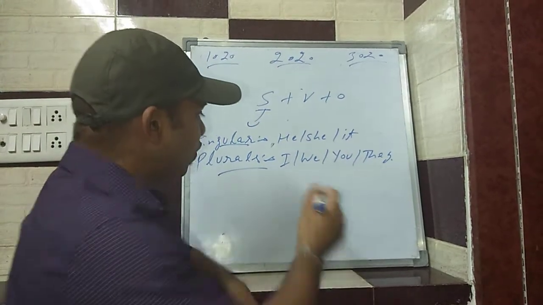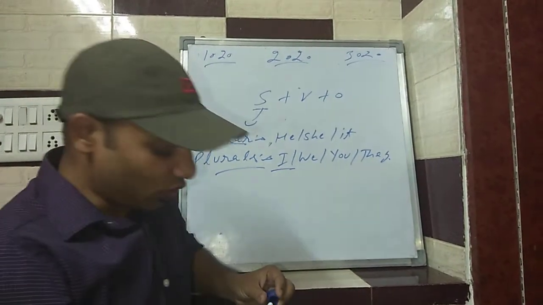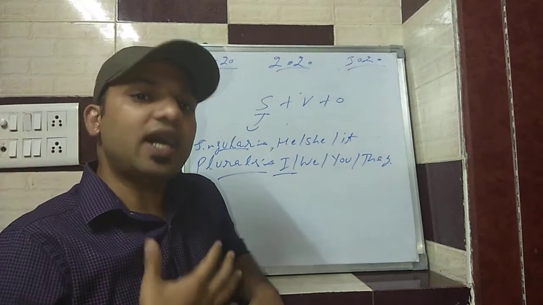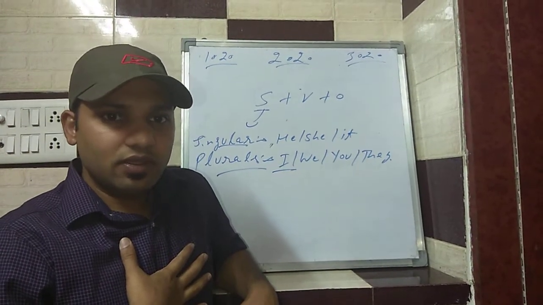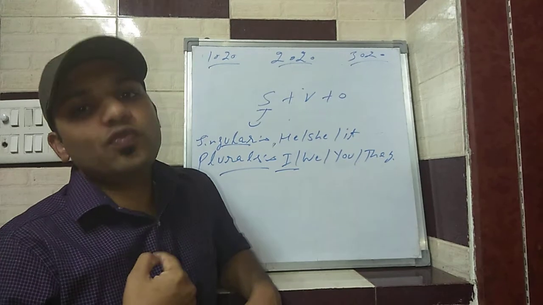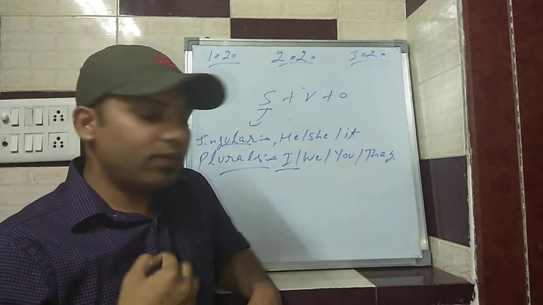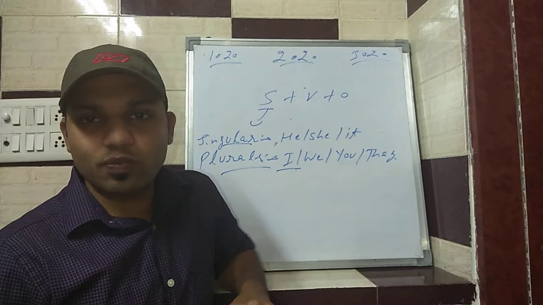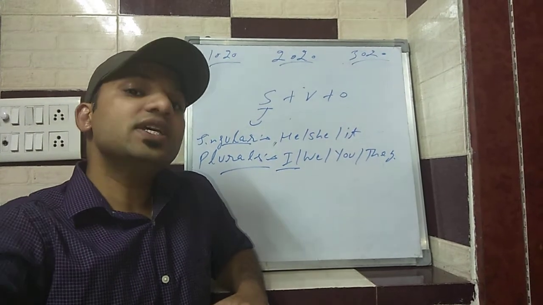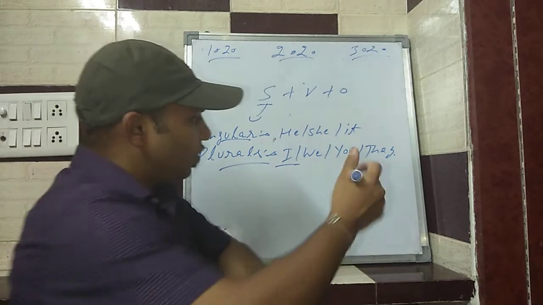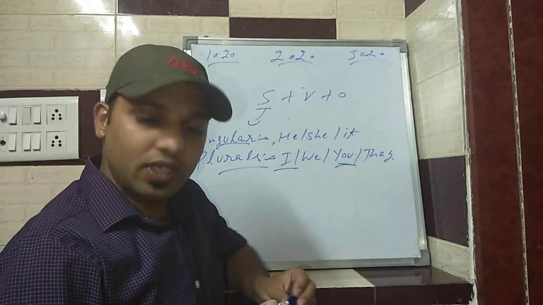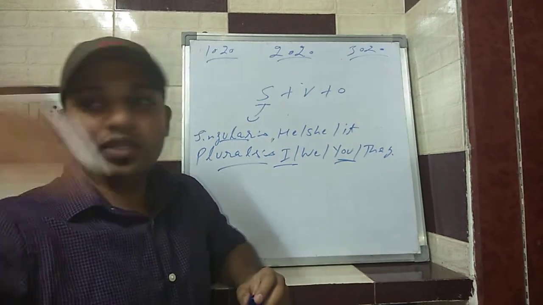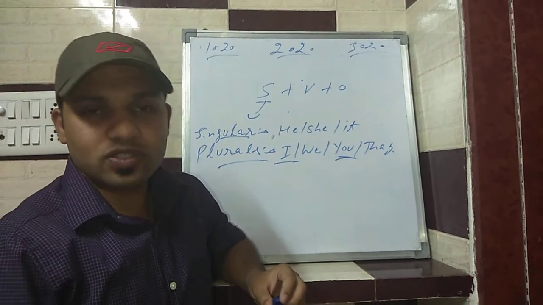For example, if we talk about I, at present I am talking about myself. I am single at present, but I am the first person over here. If I am talking to someone sitting in front of me, he or she is the second person. I am the first person, whether single or not; that is the second person, whether he or she is single.